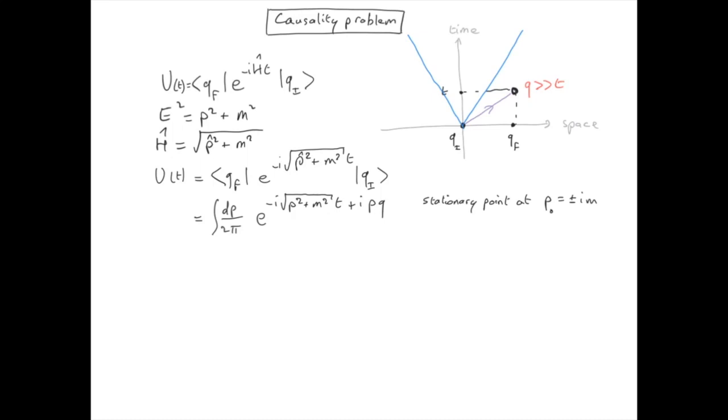So let's apply what we just saw to solve this integral, which is over the real axis and which we saw has a stationary point on the imaginary axis. Our function doesn't have a pole, so we can push the contour in order to pass through the stationary point. Let's take p = im. We can now apply the stationary phase approximation to estimate our integral.